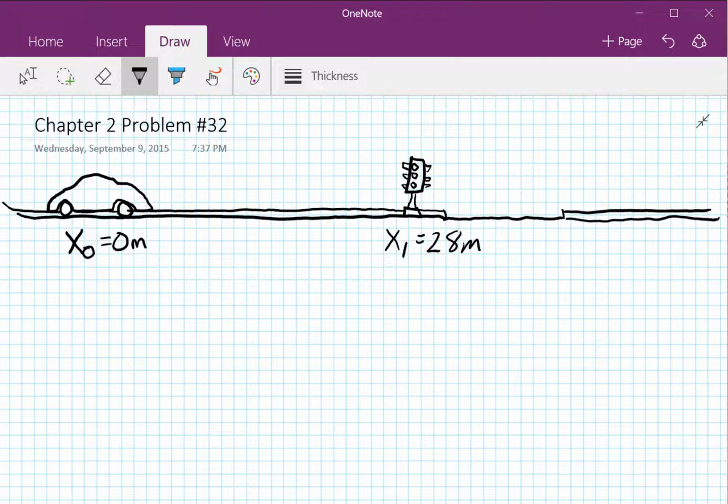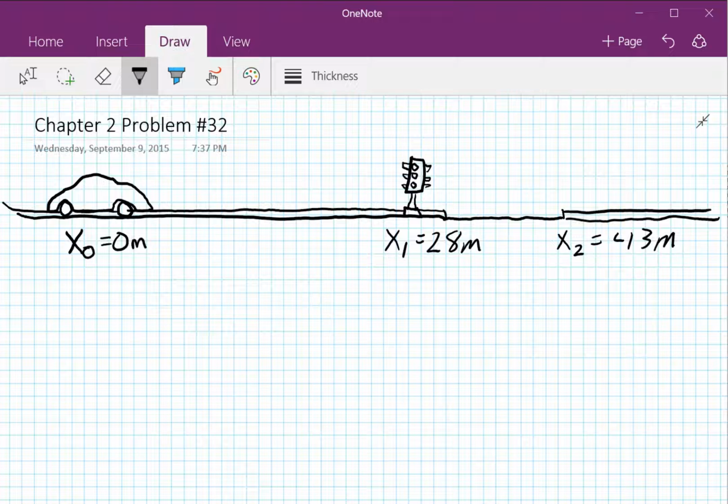And you also need to know the position of the end of the intersection, because the person's car needs to get to that point before the light changes for the other direction, and they tell you that that position is 15 meters from the 28 meter mark. So that means that x2 is actually 43 meters from our reference frame.